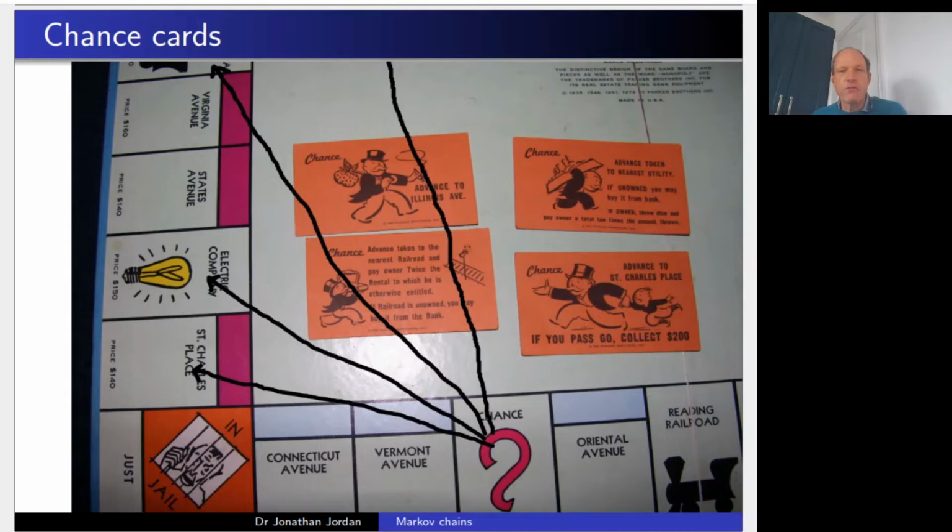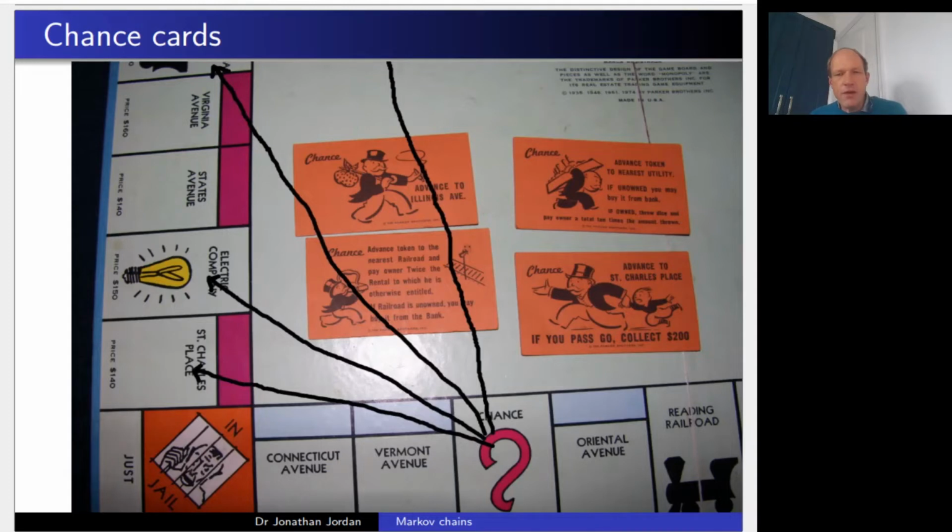So if you land on the chance square and you then draw that card, you have to move your token to St. Charles's Place. And there are various other examples of these cards which tell you to move, which you can see in that picture. And we can see some of the moves that they suggest drawn again as black arrows on that picture. So these are some of the things that can happen when you draw a chance card.